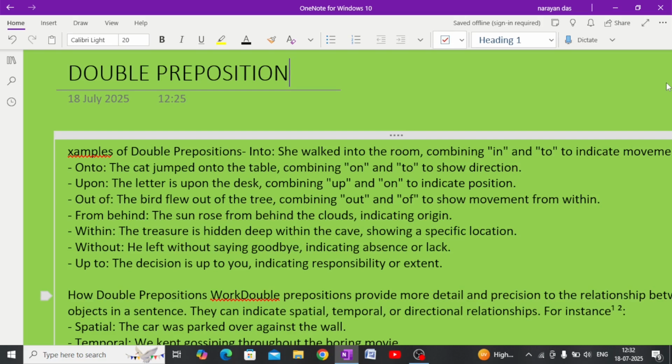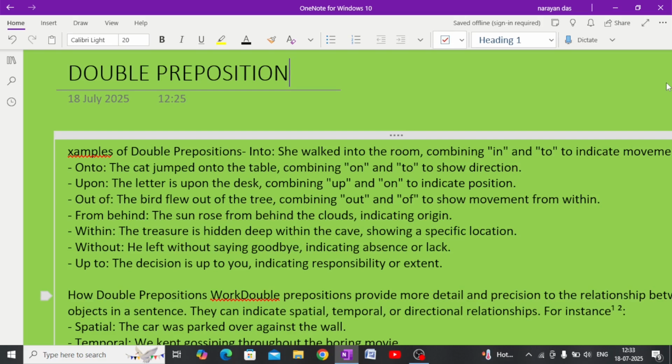Imagine the cat is sitting on the floor and there is a table, and on the table some food item is kept which is provoking the cat and no one is nearby. So the cat jumped onto the table or upon the table to eat those food items. So its movement is from lower position to upper position. So to indicates movement and on means position on a surface.